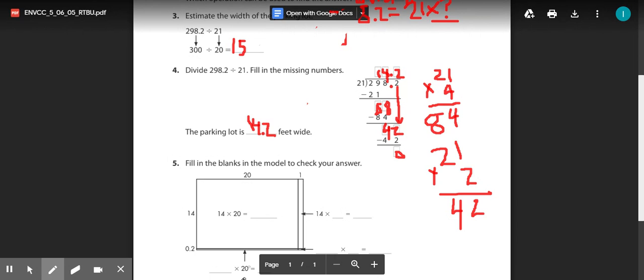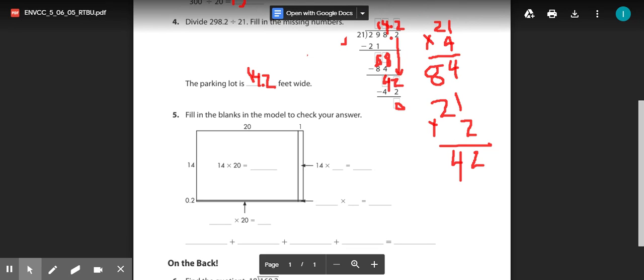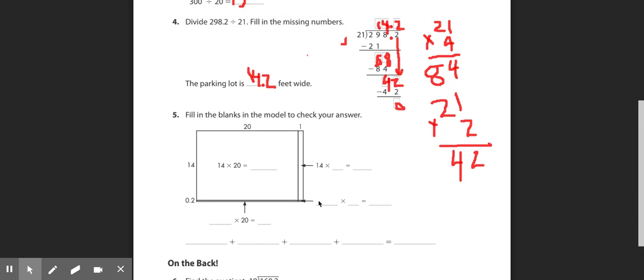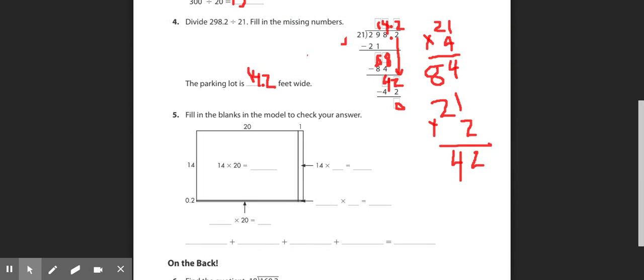Okay, so how do I know my math was correct? What can I do to check my math? I can multiply, right? I can multiply the width and the length to make sure that I got the correct area.